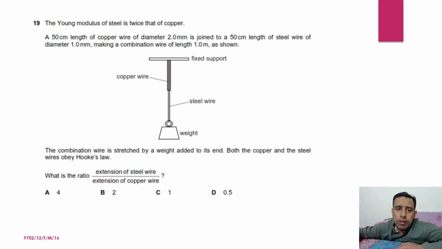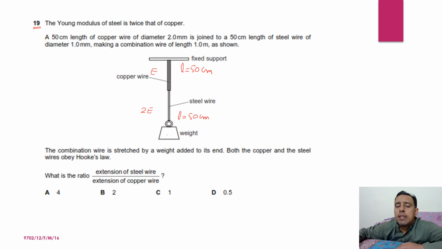Okay, while solving this last question, question number 19, this question is related with the deformation. We have these two wires attached. First of all, the Young modulus of the steel wire is twice. Means for this wire, the Young modulus is 2E, and for this wire, the Young modulus is E. The length of both wires is 50 cm.